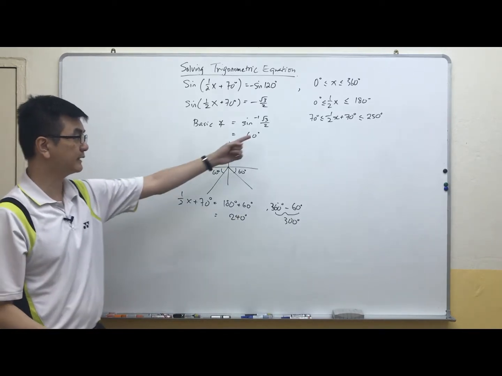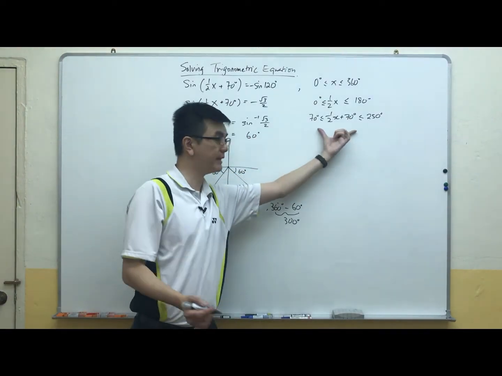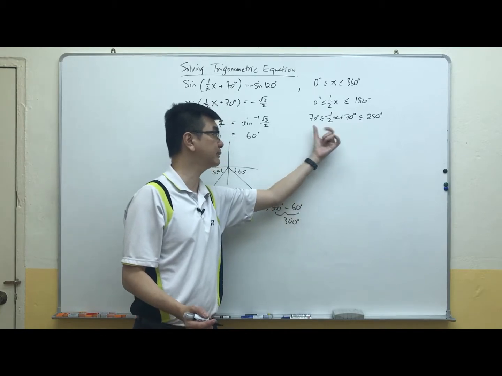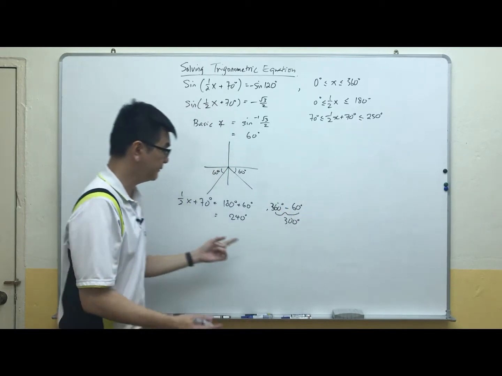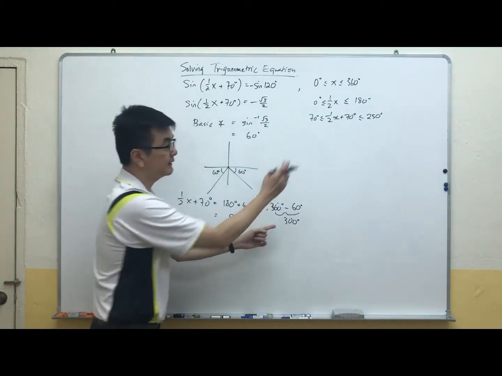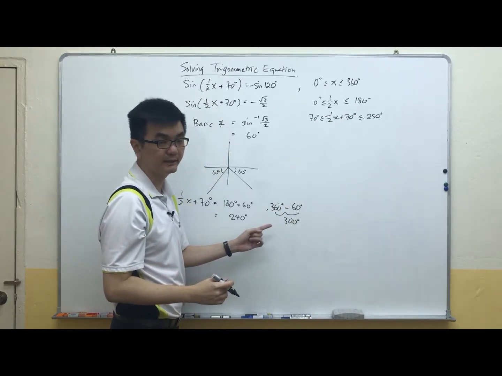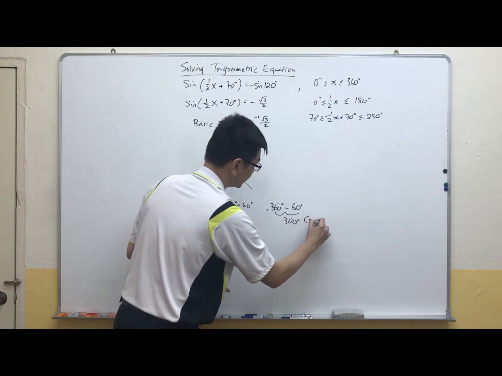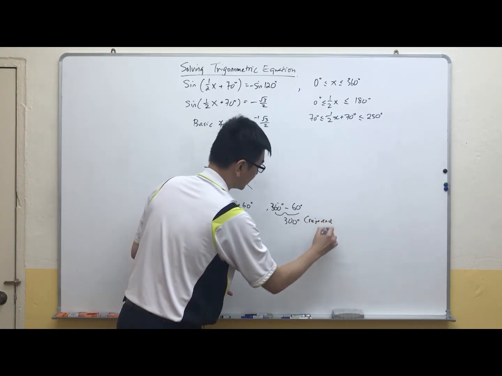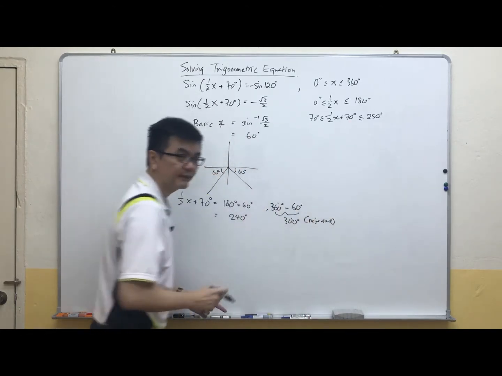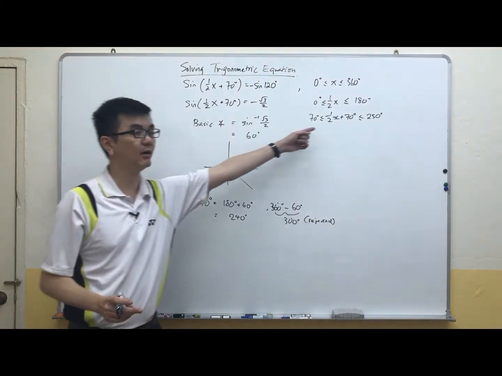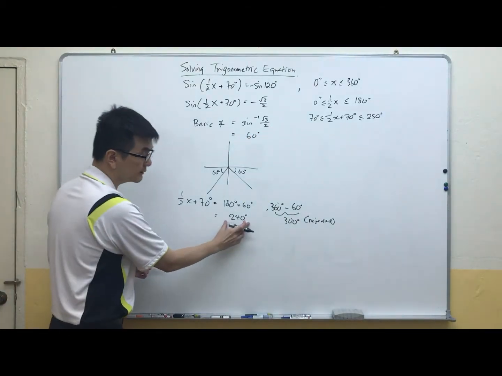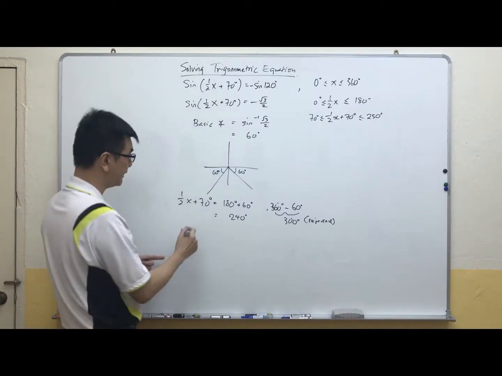If you look at the domain of this angle, it is between 70 and 250, and clearly 300 is out of the domain. So we are not going to consider this; it is a rejected answer because it is outside the domain of the angle. So we only have one answer here, 240.